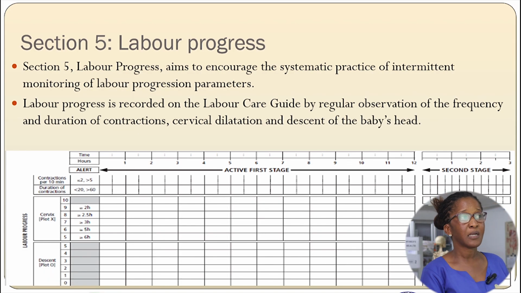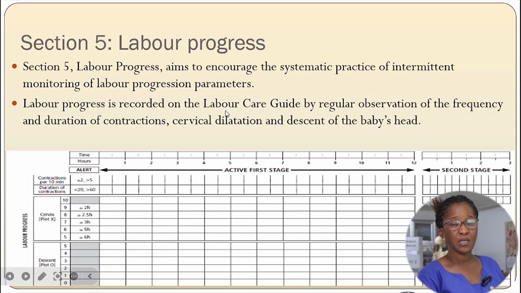For us to interpret the labor care guide effectively, we need to look at these 3 parameters: the dilatation, against the contractions, and against the movement of the fetus in utero. If we have a contraction less than 2, when the cervix is already 5 centimeters dilated, it's an alert. Something needs to be done.